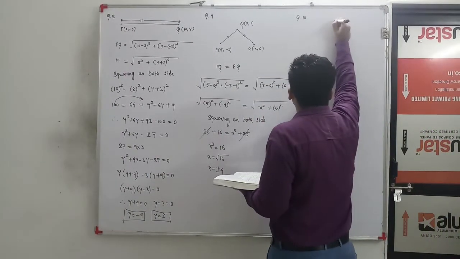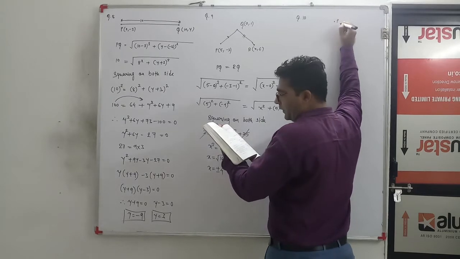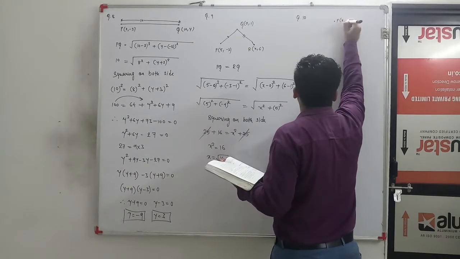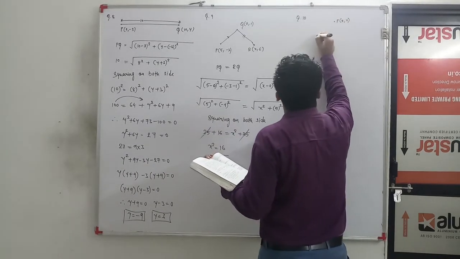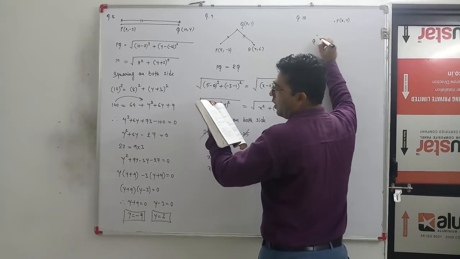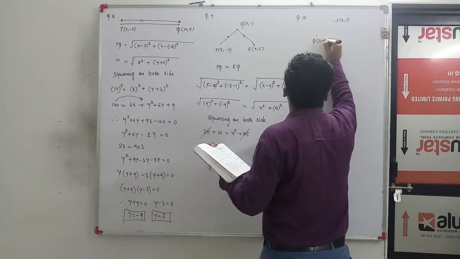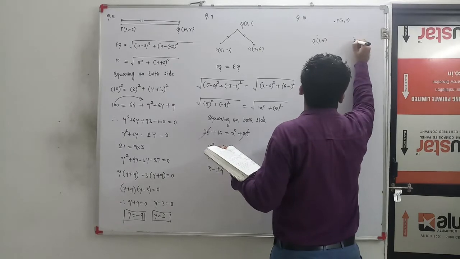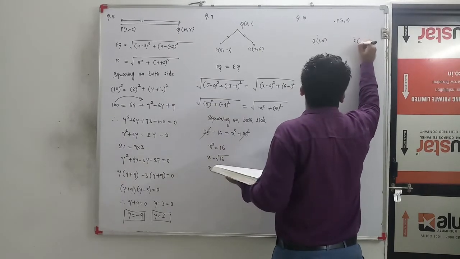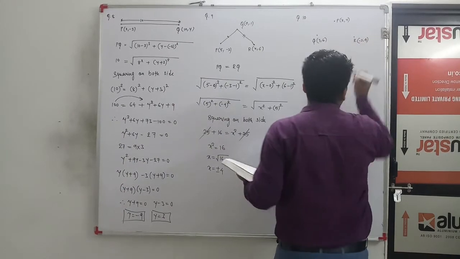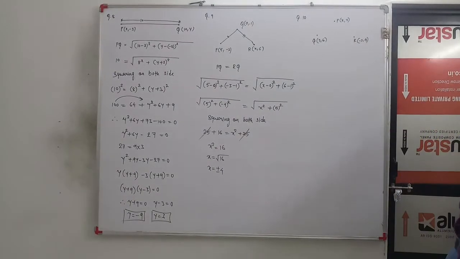Here P is (x, y), the second one Q is (3, 6), and the third one R is (-3, 4).